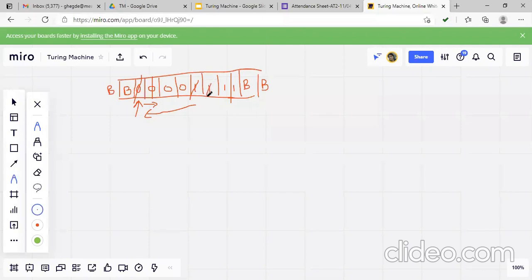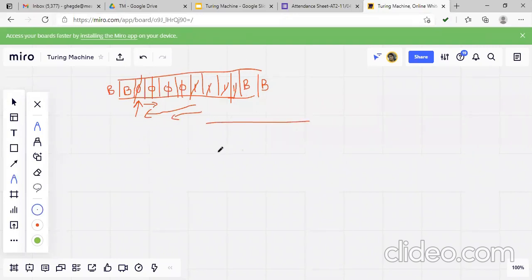So it is this one. Then we'll again come left and check, there is one more 0. Then we'll go forward and check, this is 1, its 1. Okay, then we'll come back. This is 0, this is 1. Okay, so all are done. So it is an equal number of zeros and ones.